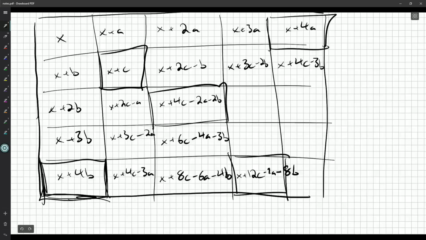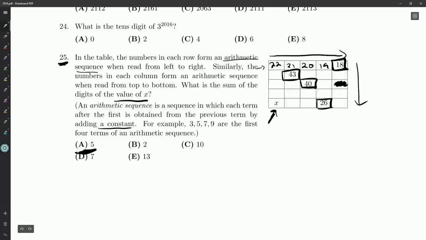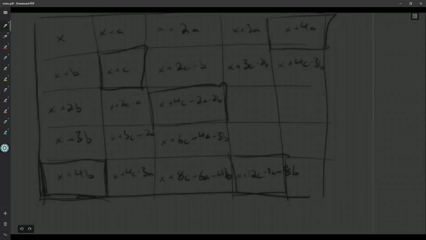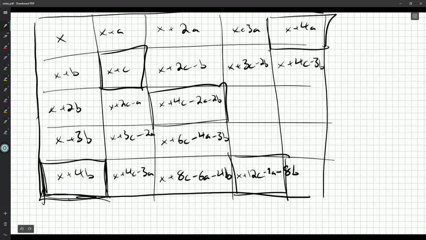On the bottom here, we're going up by 4 C's each time, subtracting 3 A's each time, and subtracting 4 B's. That should be right. I do have the position right, correct? Yeah, it should be 26. So what am I doing wrong?